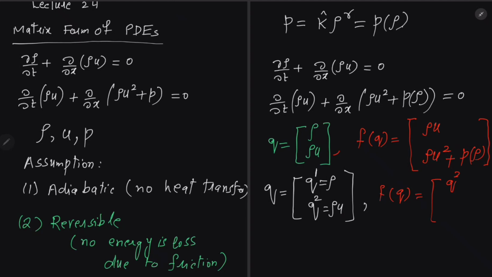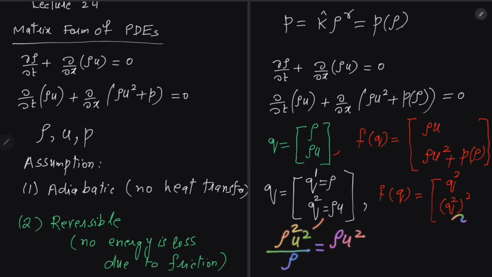How can we get the rho U square from these two terms? Here we have rho U square, so we can write Q2 squared. It means we take the power, not a derivative. If I divide this by rho, then you will get rho U square.